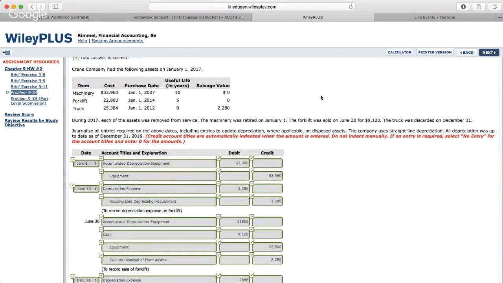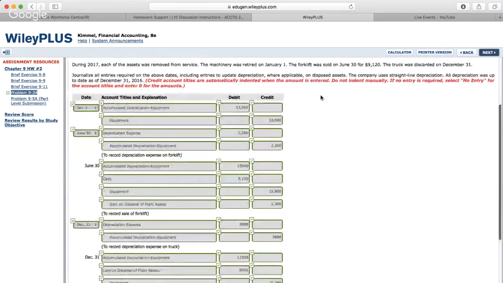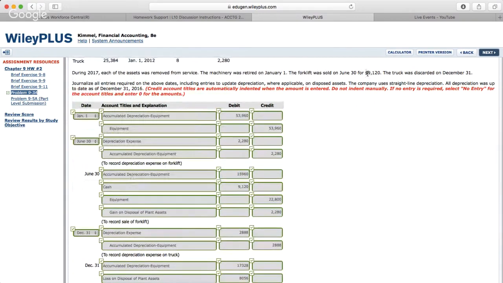So that's 3.5 years. So you take that 4560 times 3.5 and you get the 15,960 for the accumulated depreciation for equipment. And then for cash, it tells you right here it was sold for 9120. So that's where that comes from.